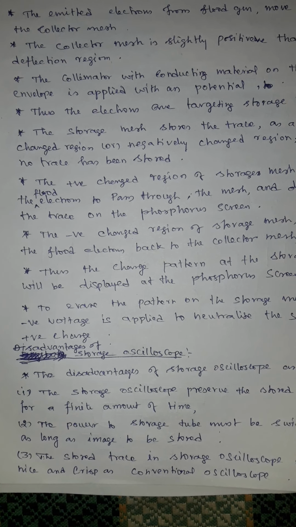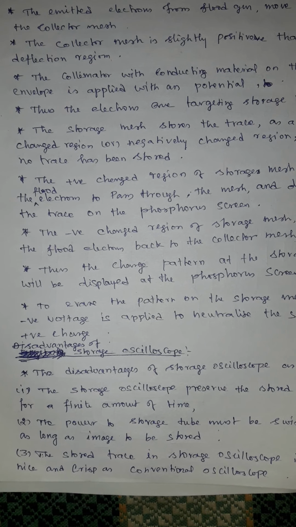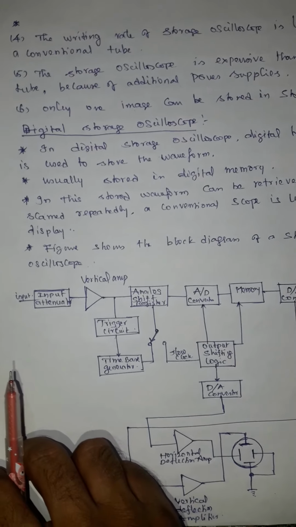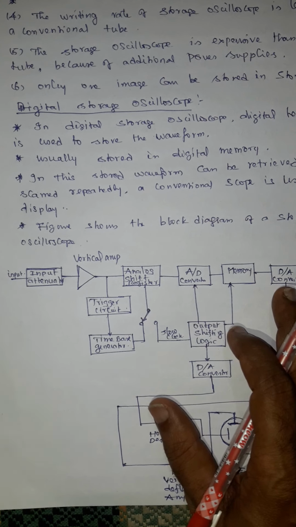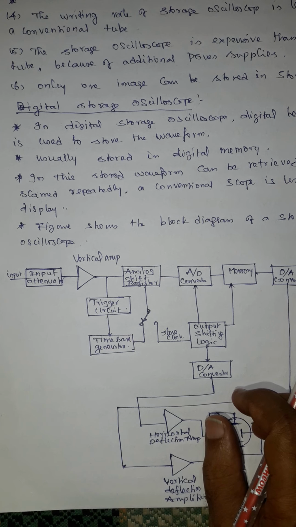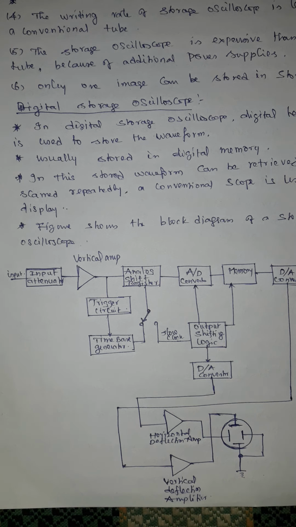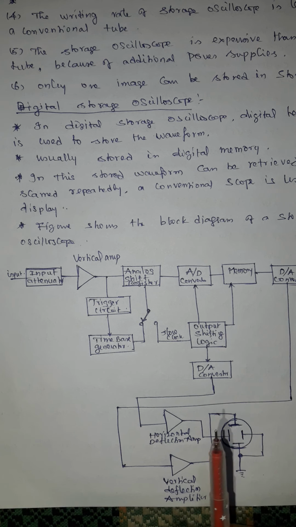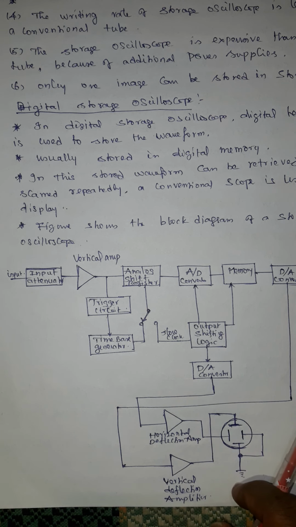The stored trace in a storage oscilloscope is not as nice and crisp as in a conventional oscilloscope. The writing rate of the oscilloscope is less than a conventional tube. The storage oscilloscope is more expensive than a conventional tube because of additional power supplies. Only one image can be stored in a storage scope.